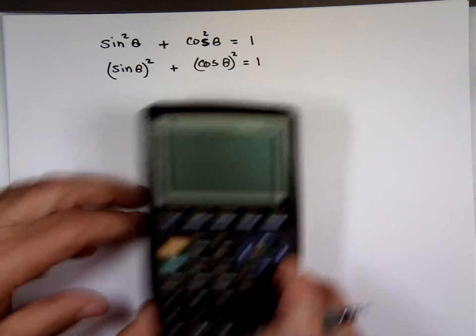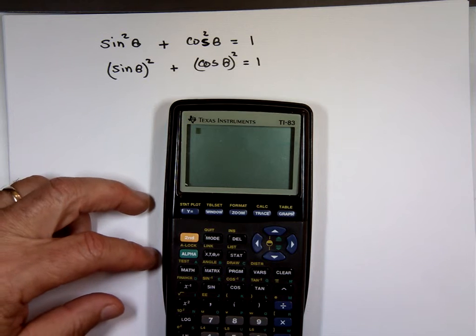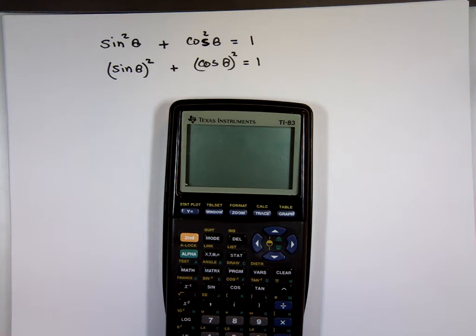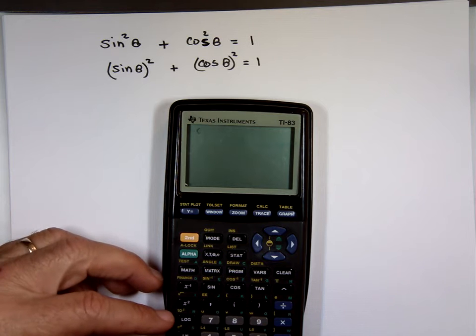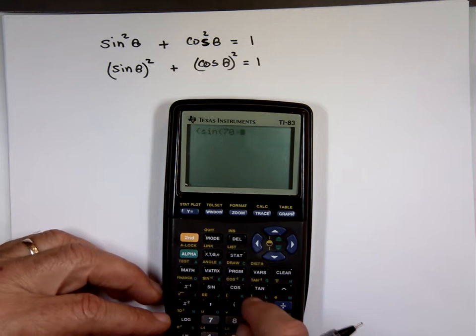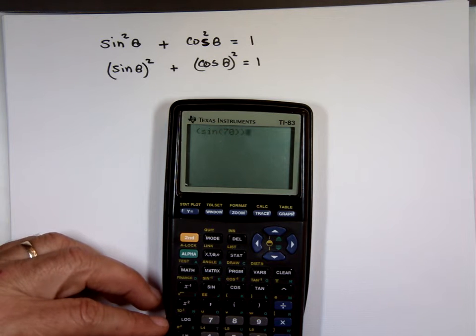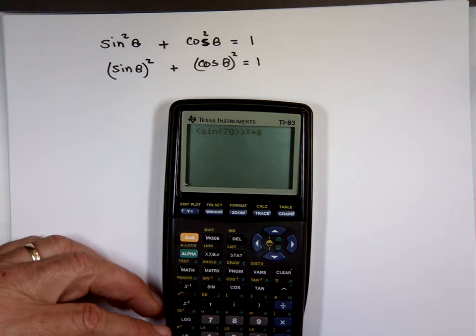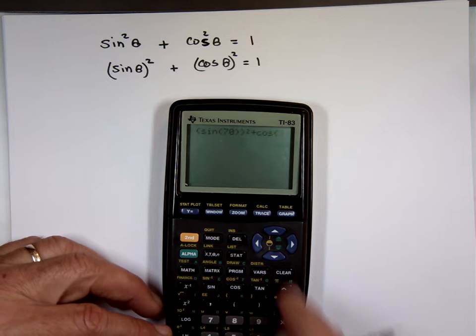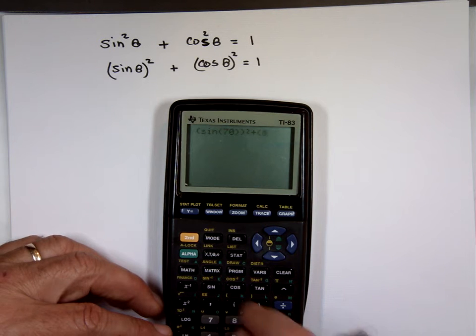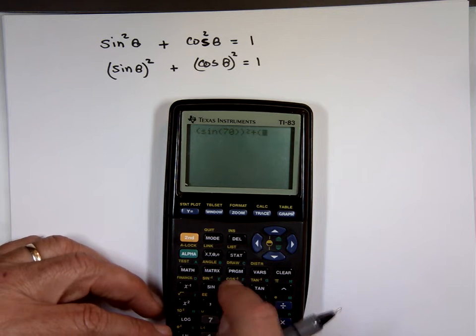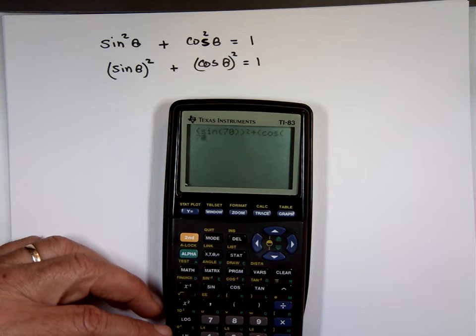So somebody pick an angle, any angle you want. It doesn't matter if I'm in degrees or radians. Don't even worry about it. Pick any number. What is it? 70. Let's try that. Sine of 70, and let me square it, plus the cosine of 70, I need to use parentheses here, square that.